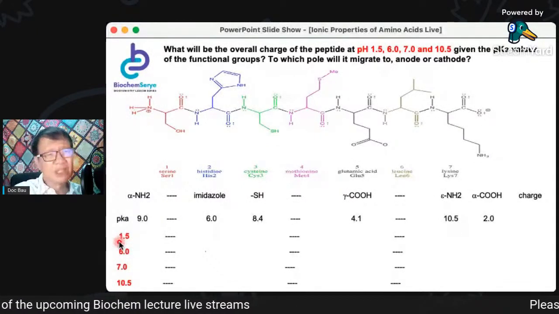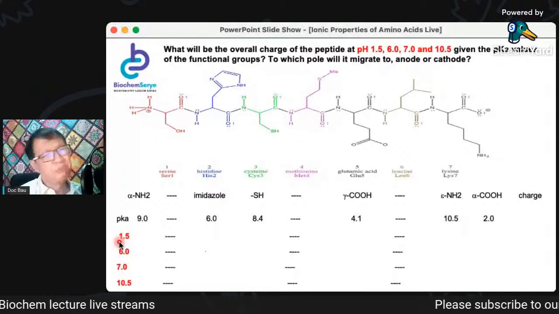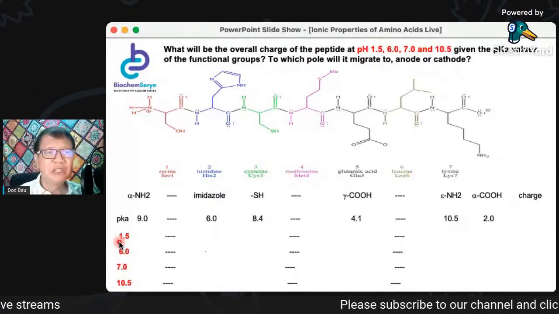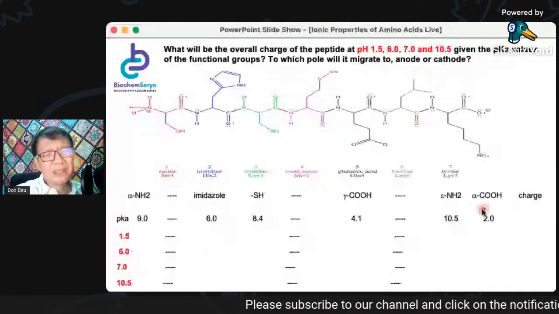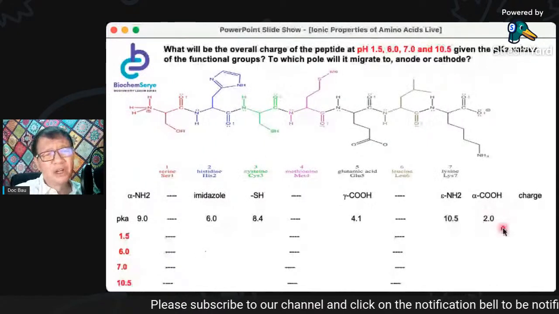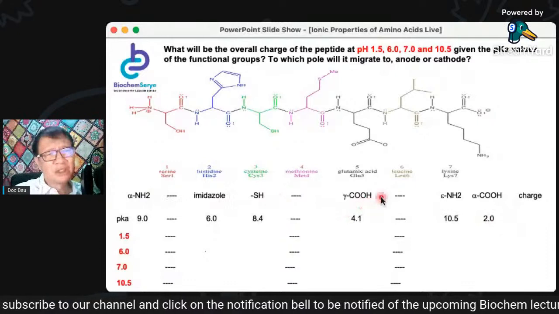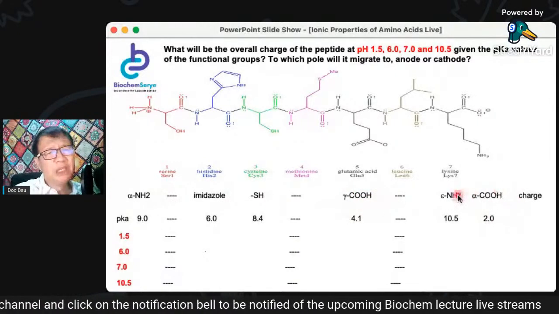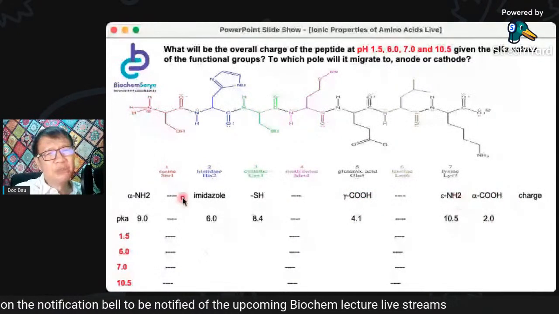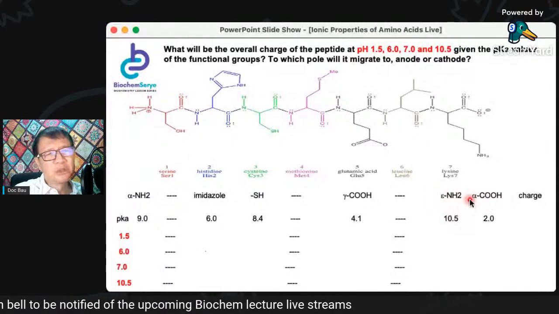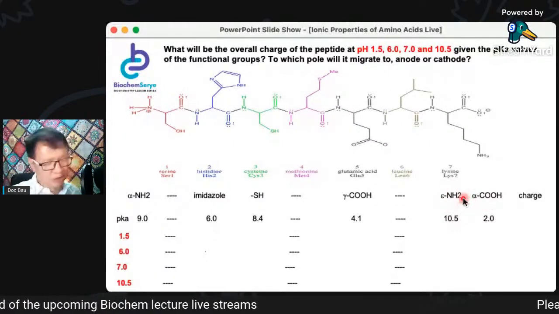That is below all the pKa values. A pH of 1.5 is even below the pKa value of your alpha carboxyl. So we can expect your COOH groups will be undissociated, and we can expect your amino groups to be protonated, right? So we don't have any problem.